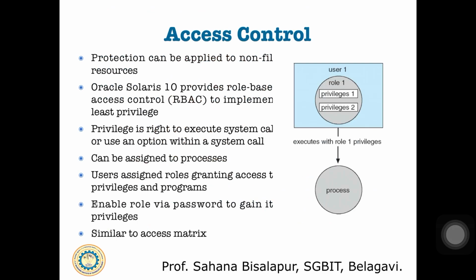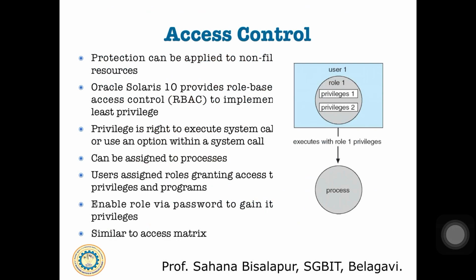Now we will consider an example of the Solaris 10 system, where we have some advancement in protection, which is available in the Sun Microsystems operating system. The advancement we are adding here is the principle of least privilege, given via role based access control.